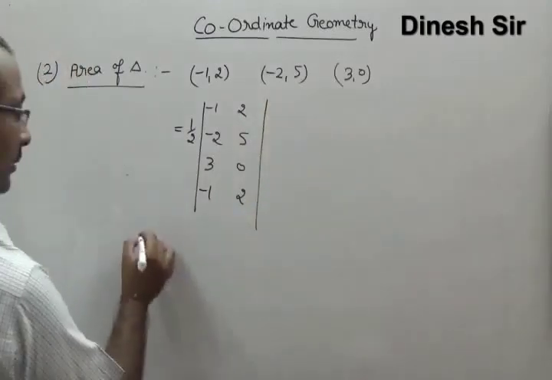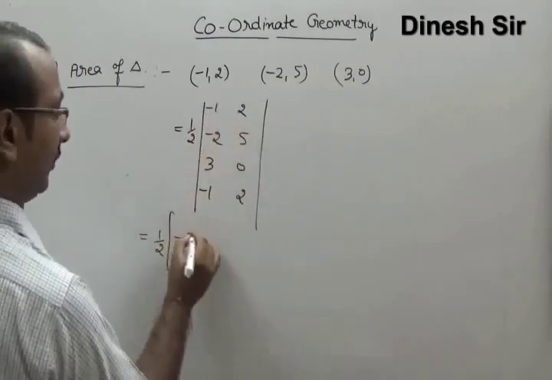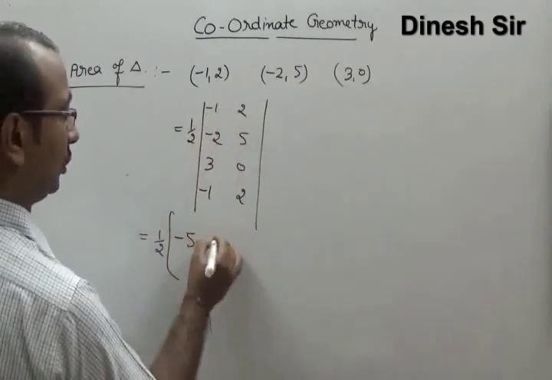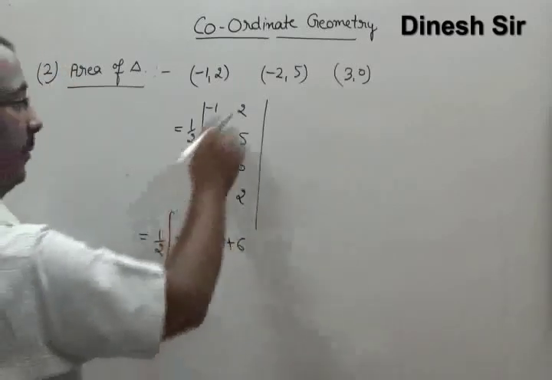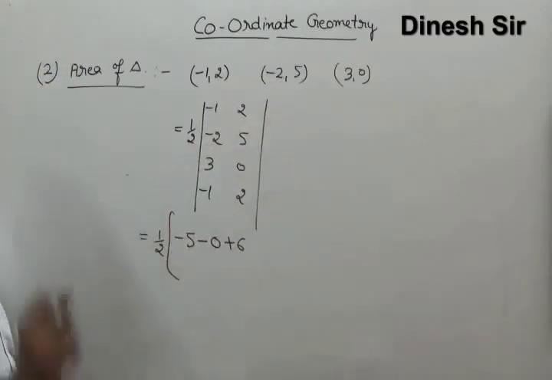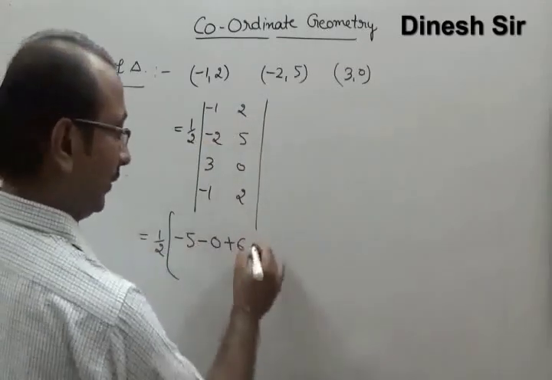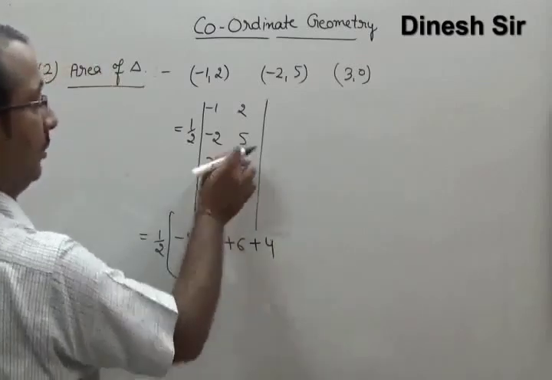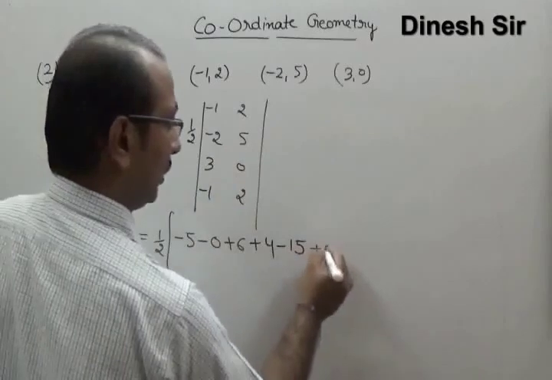Then take it as 1/2. Multiply 5 into -1, that is -5, 0 into -2, that is 0, 3 plus 2 into 2, that is 6. Now we multiply from the other side by changing the sign. -2 into 2 is -4, and because of the negative, I make it +4. 3 into 5 is 15, I will make it -15, and the last one would be 0.